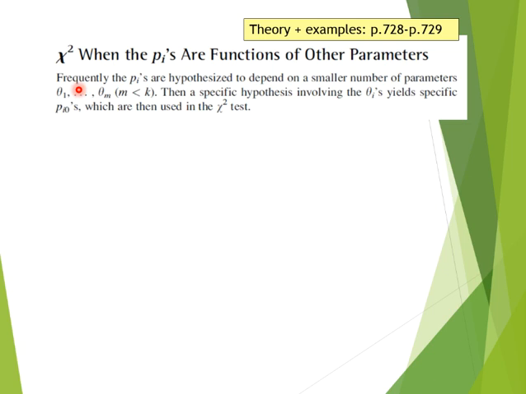So it often happens that probabilities are hypothesized to depend on a smaller number of parameters, say theta 1 to theta n, and these parameters are always fewer than the number of categories. Then a specific hypothesis involving the parameters yields specific probabilities, which are then used in the chi-square test. So you have to calculate your probabilities first, they won't be given. For this purpose, I'm going to consider 4 examples.